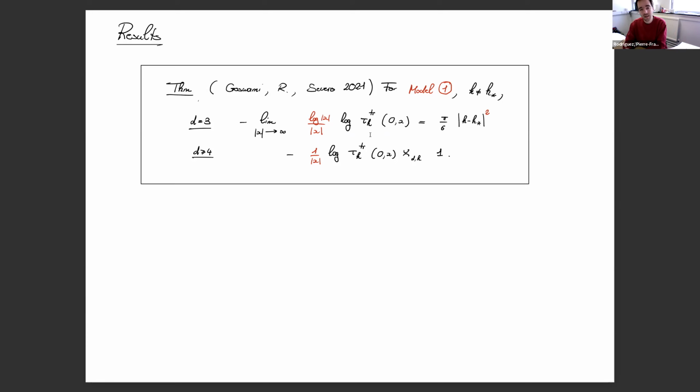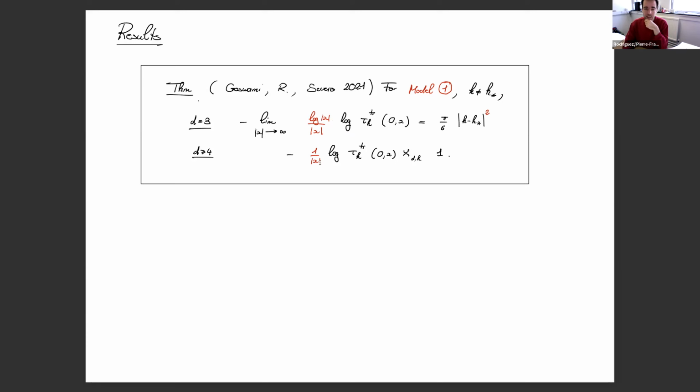It turns out that this function decays exponentially like x over log x, and the dependence on h minus h star is explicit. And in dimension 4, we can show that this decay is exponential.